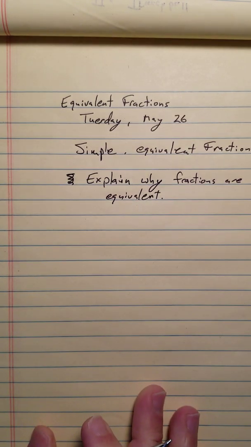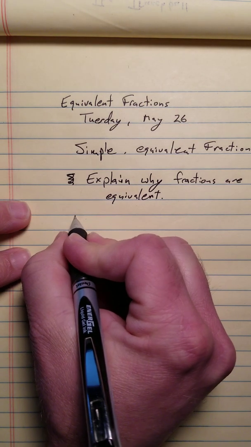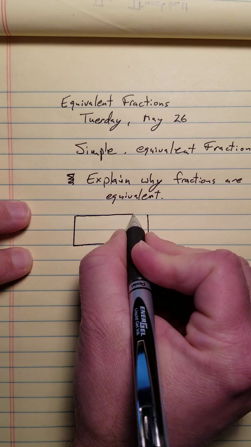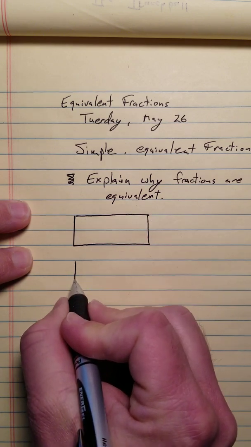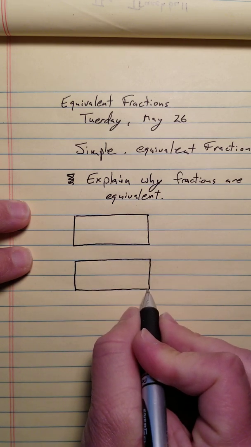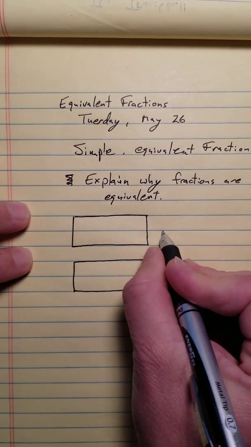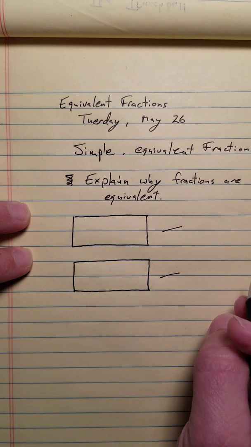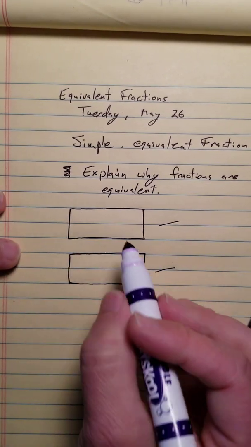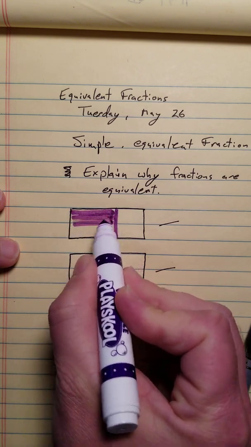Okay, so students, first let's start with some equivalent fractions. Let's say that I've got 2 bars. We'll say some sort of granola bar. I'll try to make them the same size. Pardon me if they're not perfect. Both of these need a numerator and a denominator. Also, let's use this purple and say this one is shaded this much.